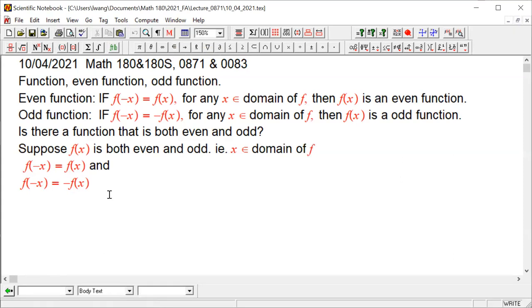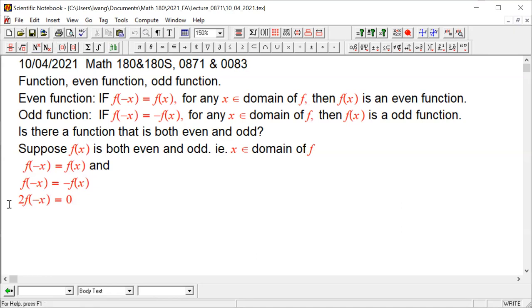We don't know what this function is, but we know that if both conditions are satisfied, I can add the left with left, the right with right. I will get 2 times f of negative x equals 0.